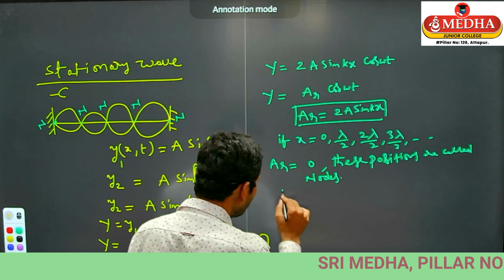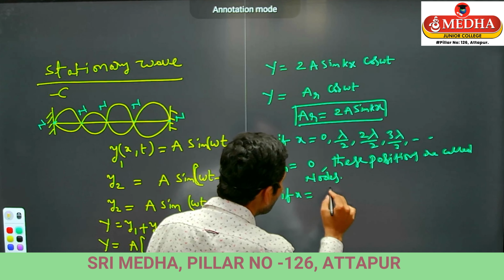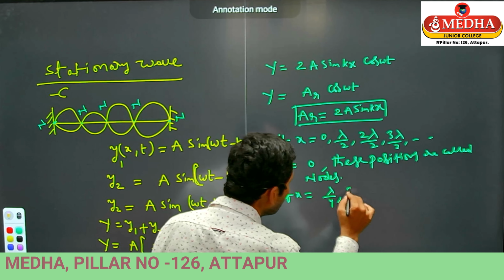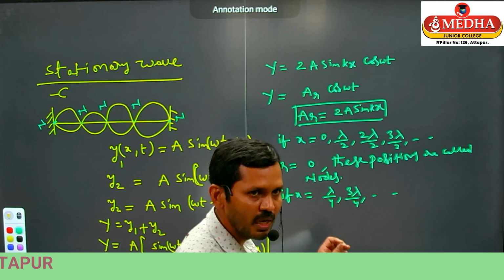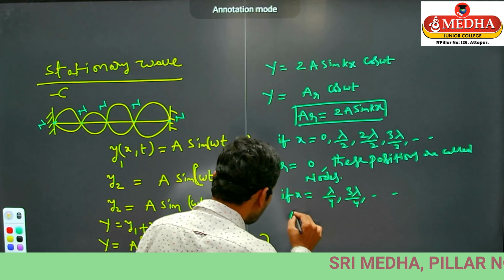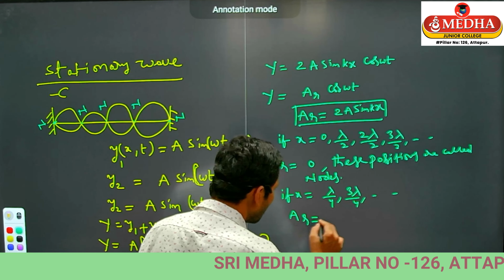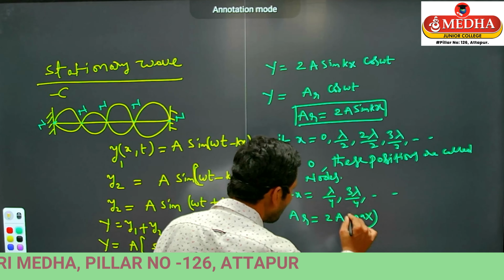Next, at the same time, if I take in this equation x is equal to lambda by 4, 3 lambda by 4 and so on, all odd multiples of lambda by 4, for all these positions the resultant displacement is equal to 2a. It means this is the maximum value.